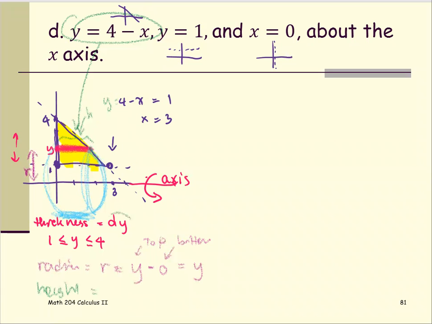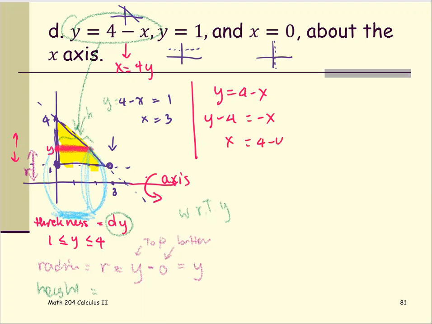Think about this. This problem is involving y. So you're going to do it with respect to y. Every function has to change in terms of y. So for our case, the line y equals 4 minus x becomes x equals 4 minus y by rearranging the terms. So I'm going to do it in the more detailed version. It's going to be y minus 4 equals negative x, or x equals 4 minus y.